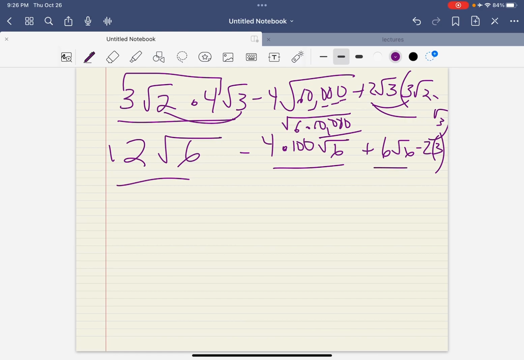What is that? 412. Oh, no. 12 plus 6 is 18. Minus 400 would be 18 minus 400. 382 negative square root of 6. And then minus this one is 6.